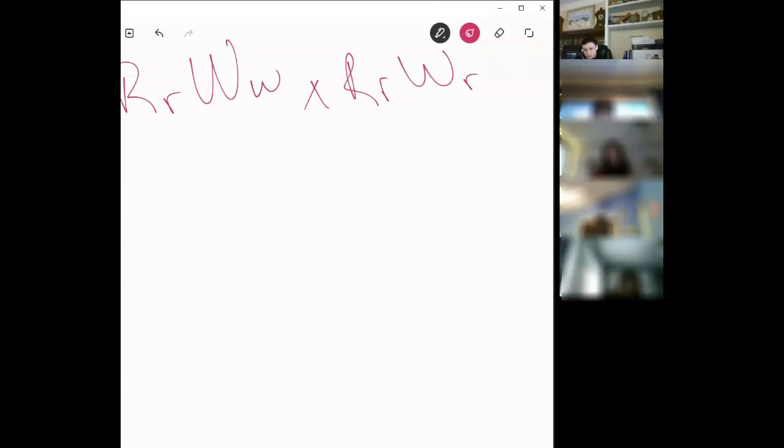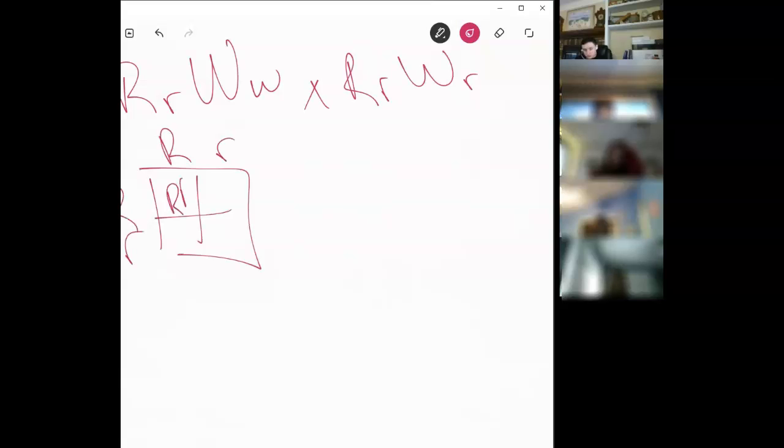I'm going to do it right. There's red, there's white, there's wrinkled, and round. And I'm going to cross this with the same, but I don't want to do a dihybrid cross because that's 16 squares. That's huge. So I'm going to do a square over here for round or red. Okay.